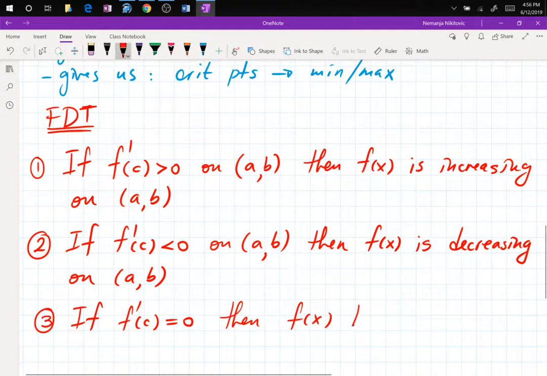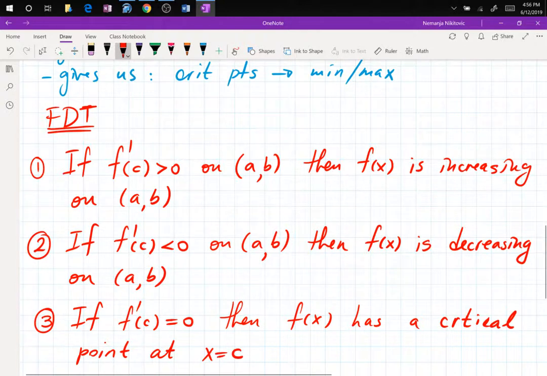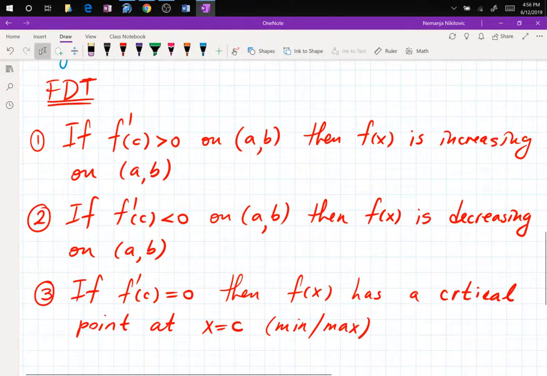Then f of x has a critical point at x equals C. And then I'll put in a parenthesis here, min or max. So this is our first derivative test.